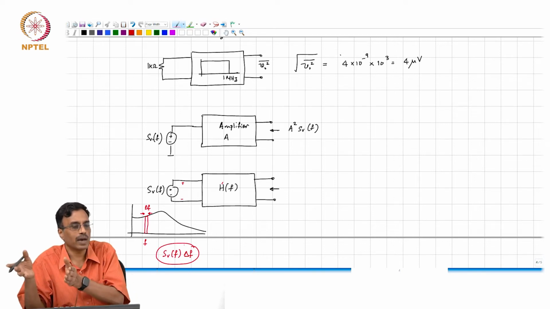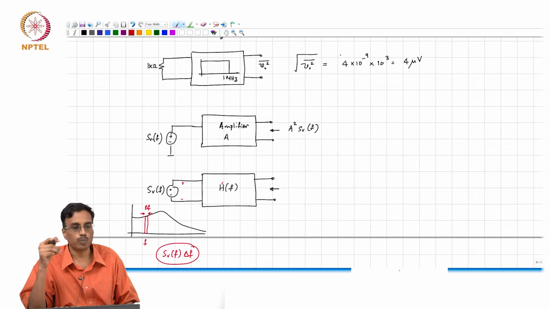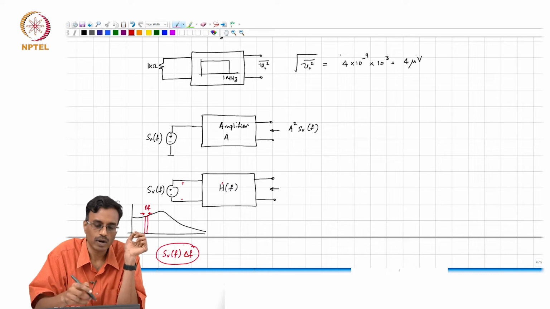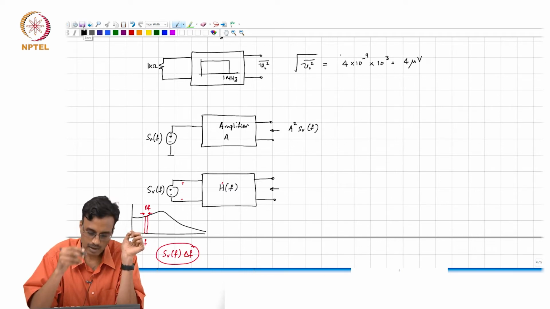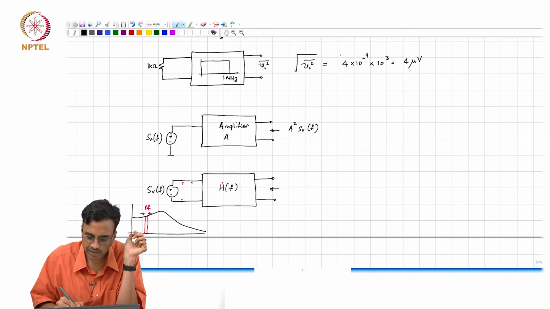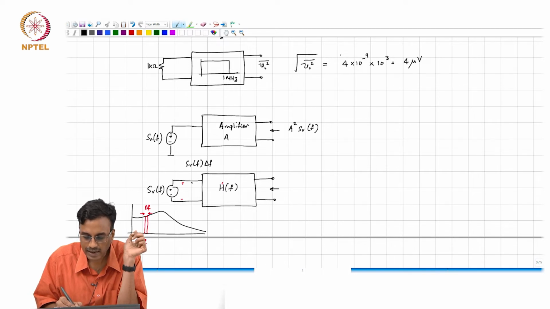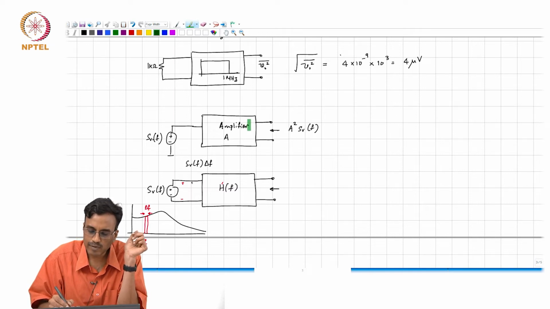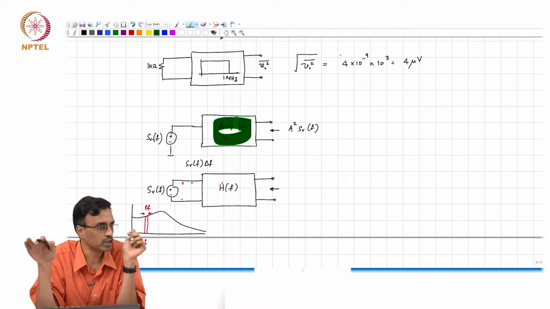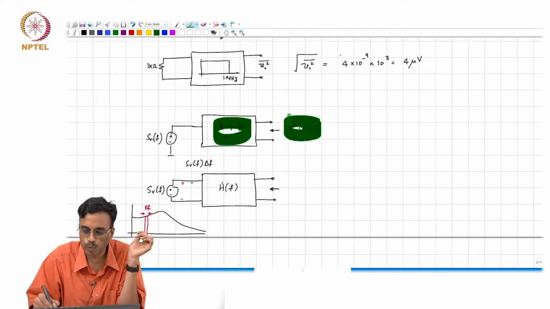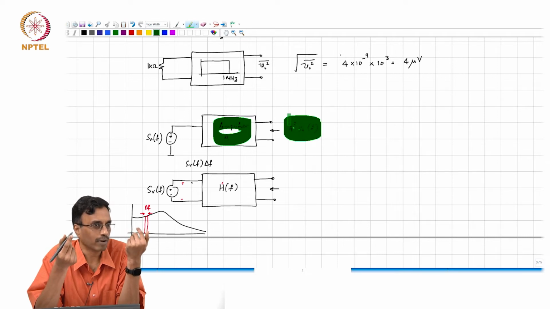So, what comment can you make about the spectral density at the output, or the mean square noise at the output at a frequency f? Do you understand the question? At a frequency f, the mean square noise here will be SV of f times delta f. And earlier, when we had an amplifier whose gain did not change with frequency, all of you immediately said that the spectral density at the output is A square times SV of f.